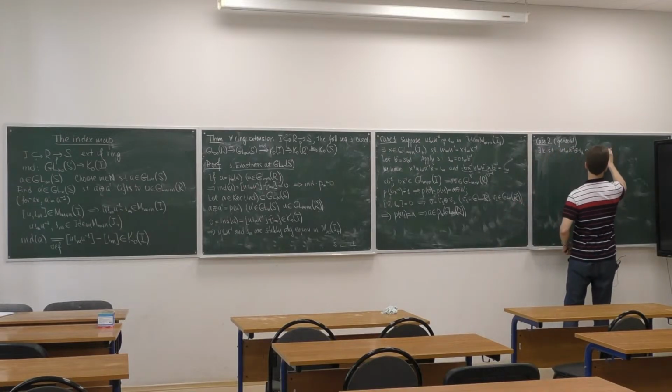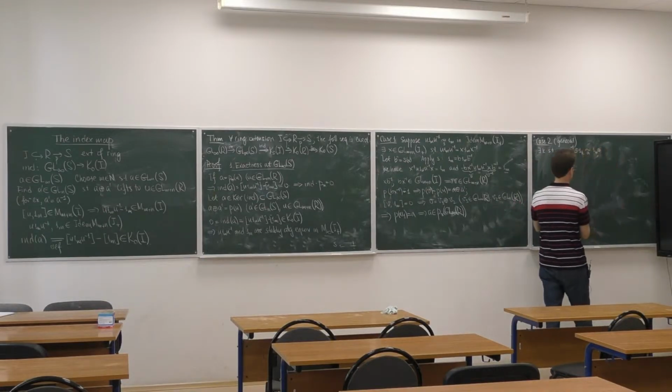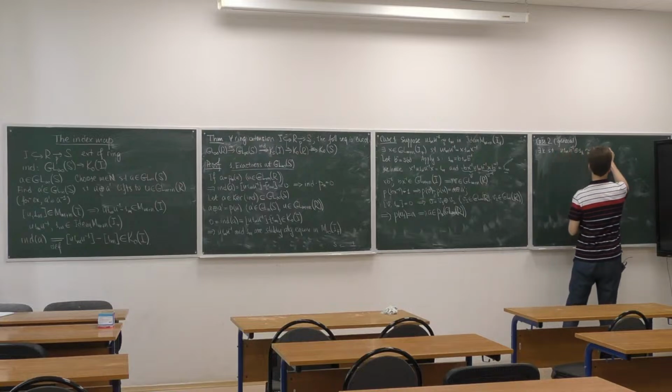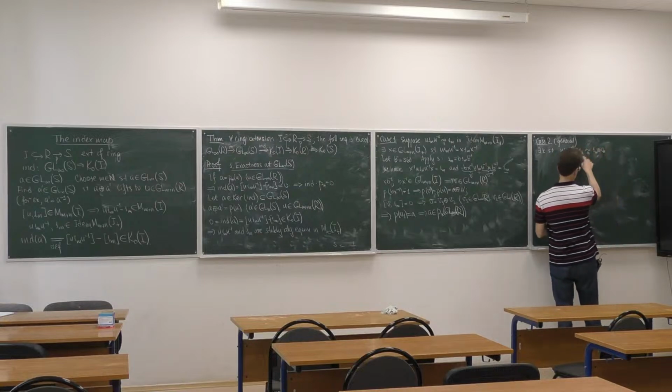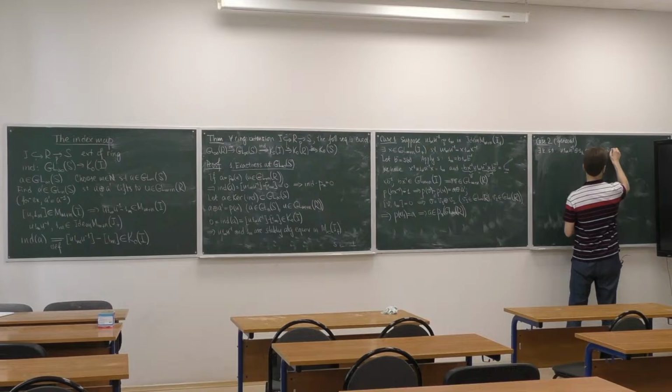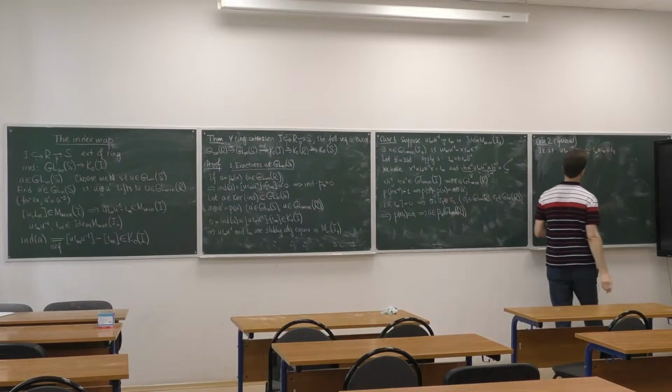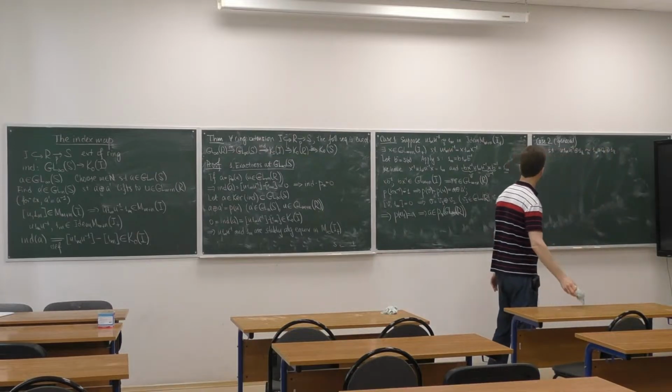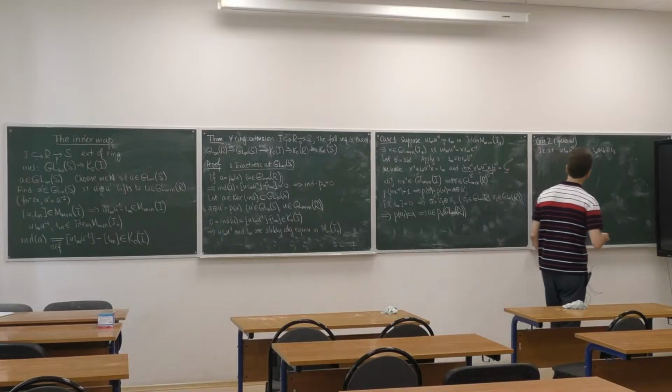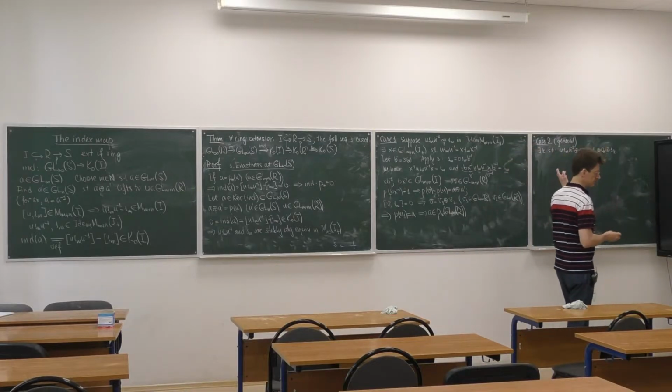So here 1m is actually 1m plus 0n. So after we add 1k, we get the following matrix. Okay, so here algebraically equivalent.